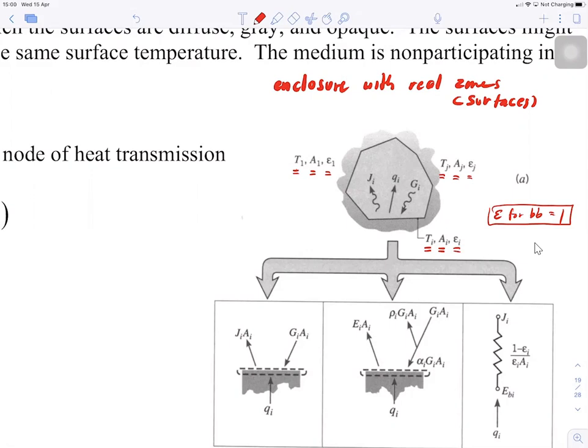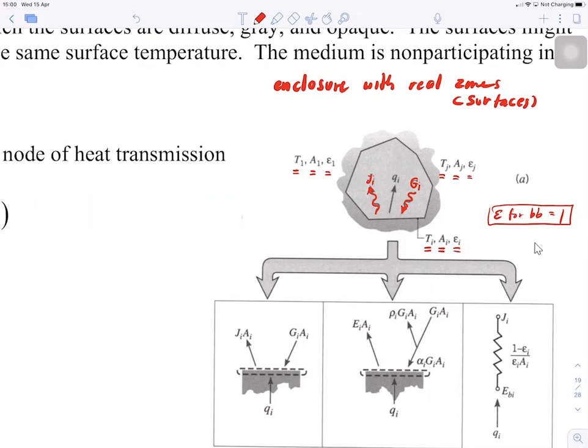Okay? And if you take a look at surface I, what happens at surface I is that it's going to be having the radiosity, Ji. Okay? And it's going to have the irradiation of Gi.